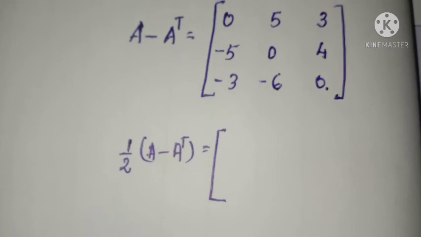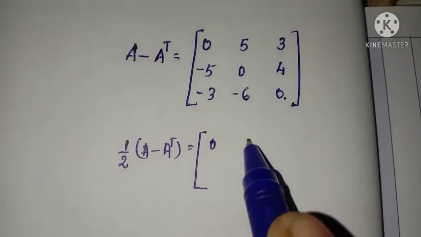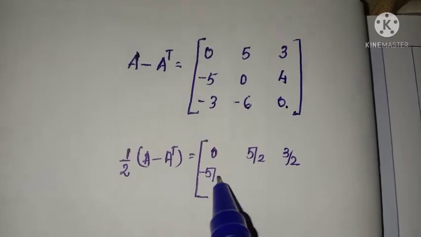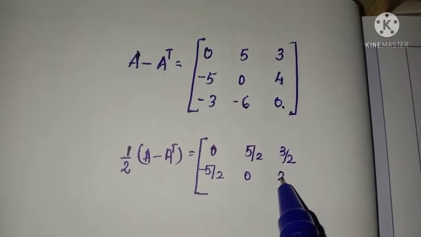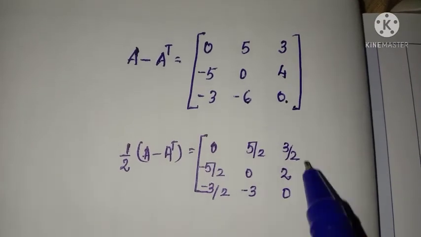Listen, just multiply 1 by 2, or take the half of the given matrix. So this is the matrix: 0, 5 by 2, 3 by 2; minus 5 by 2, 0, 2; minus 3 by 2, minus 3, 0.